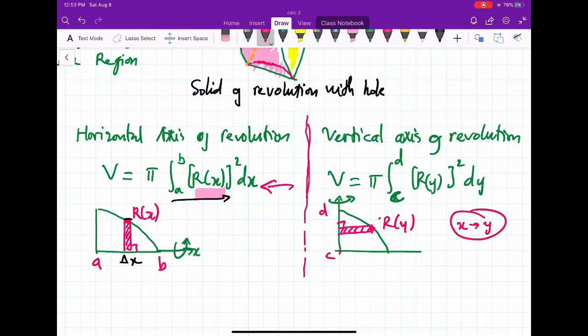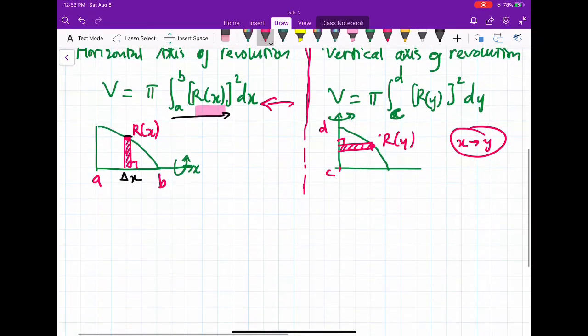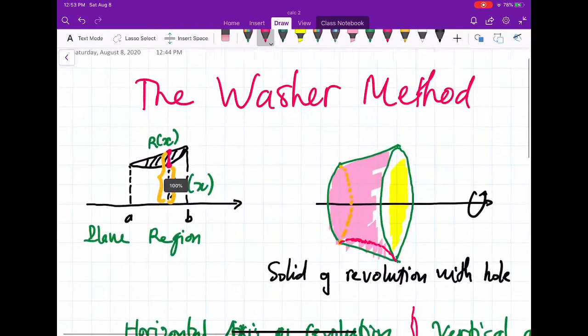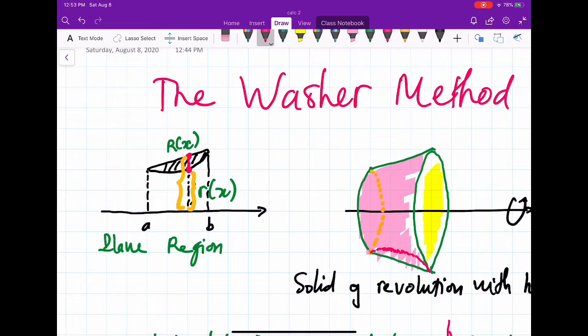All right, now if you have two functions like this, you can see in this picture you have two functions. The first one is this one, the second one is this one, and you have a hole, right? You want to rotate this part about the x-axis or about the y-axis, and you need to find the volume.